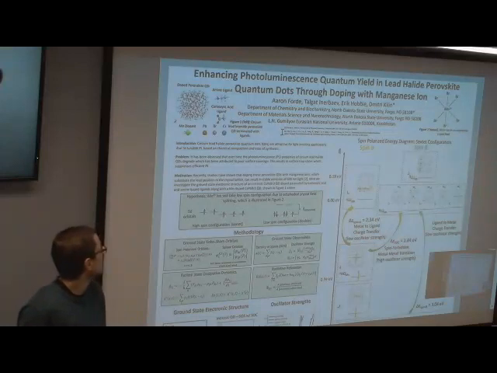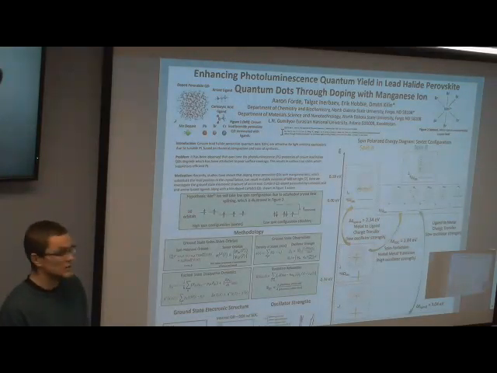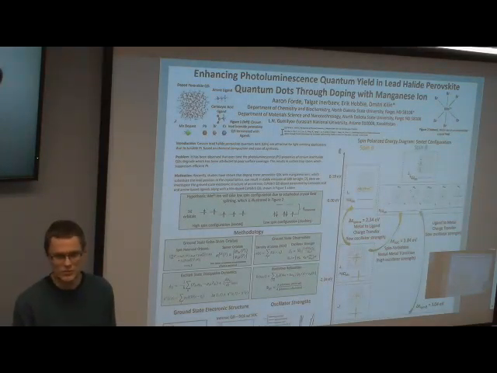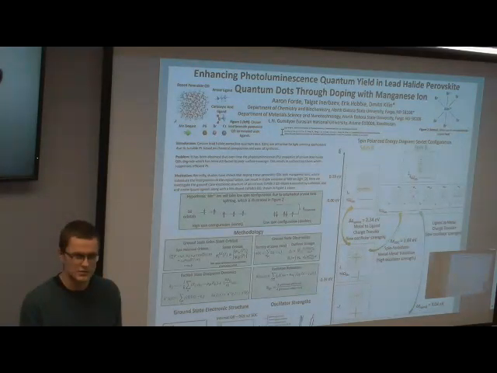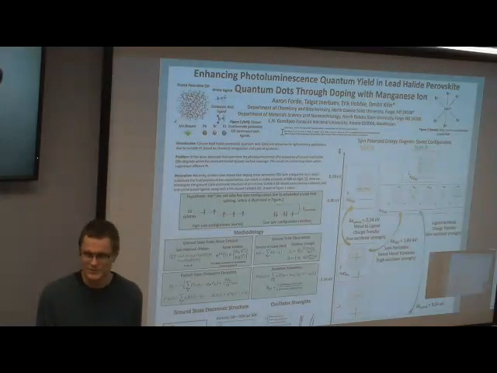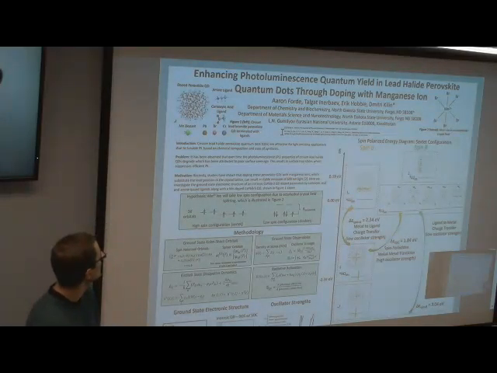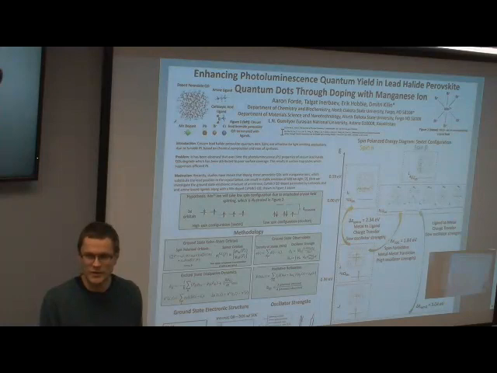To resolve this conflict, some people have looked into doping these quantum dots with manganese ions, a technique that has been used basically for the entire history of quantum dot synthesis to try to improve photoluminescence. So basically it's people using an old method on a new material.